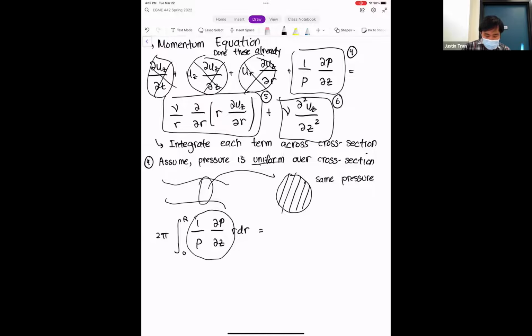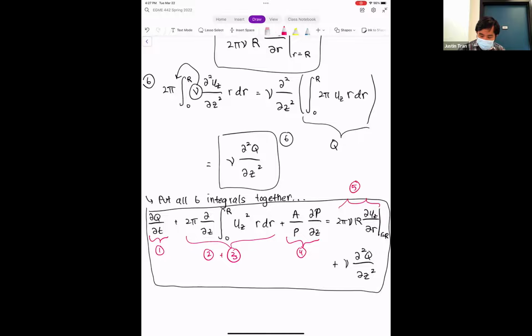This is the result of integral 4, right? So that's the first one we did today. This one right here was a result of integral 5. Of course, this last one is a result of integral 6. And so that's how we got each of these terms in this expression.